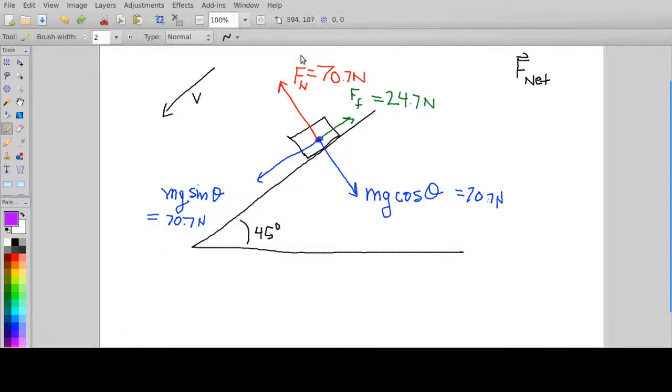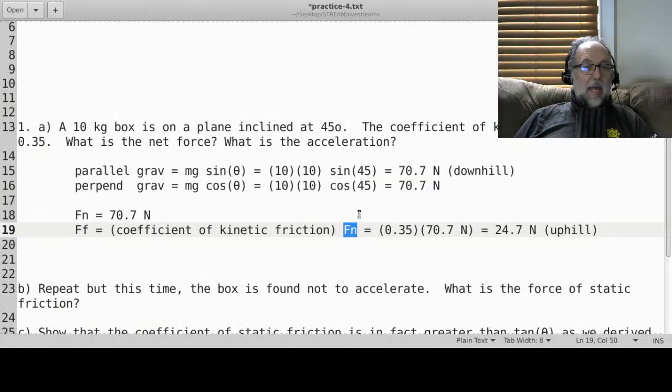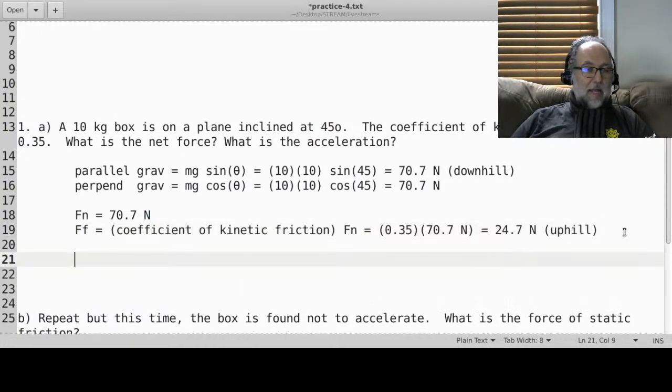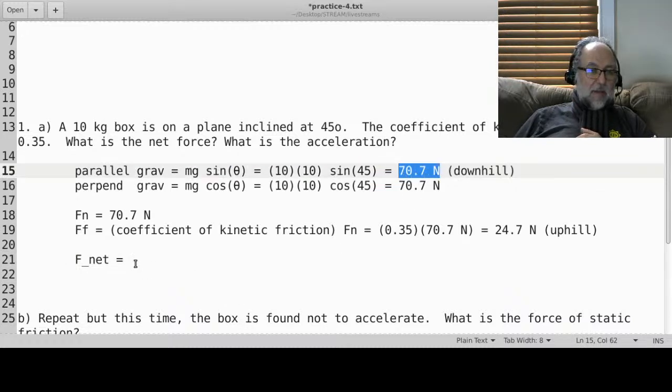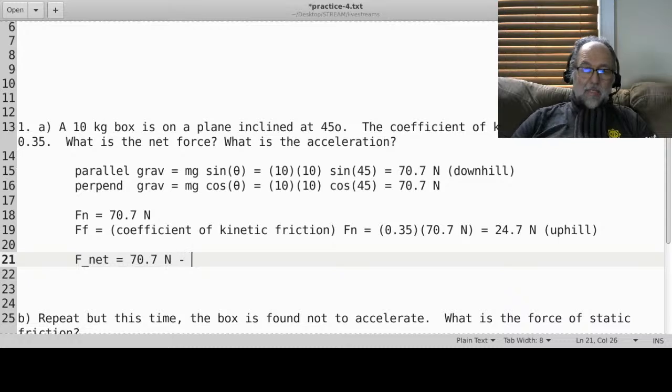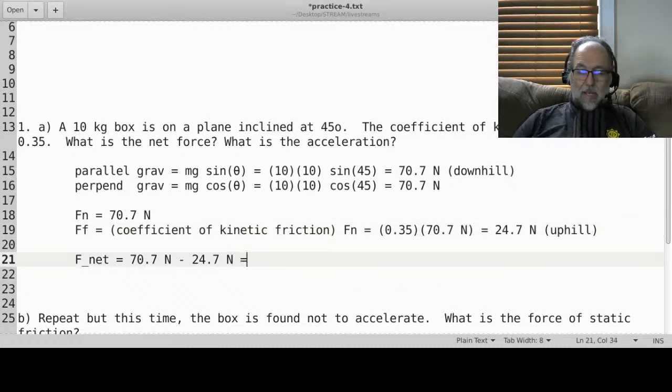Switching back to the other screen, on the next line F net is equal to the parallel gravity downhill, 70.7, minus the frictional force uphill, 24.7, which works out to 46 newtons.